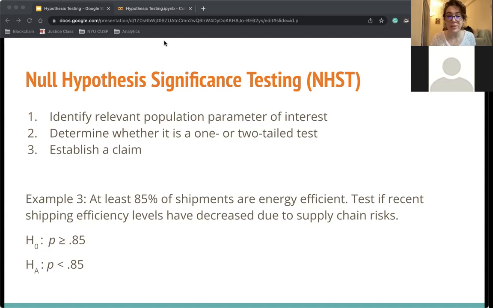So we would now need to take a sample and see if our shipping efficiency is either 85 or above. Everything is still in this default of our null hypothesis, but if we find evidence that energy efficiency levels have dropped due to some new exogenous risk of supply chain, we would now have evidence to support this alternative hypothesis.